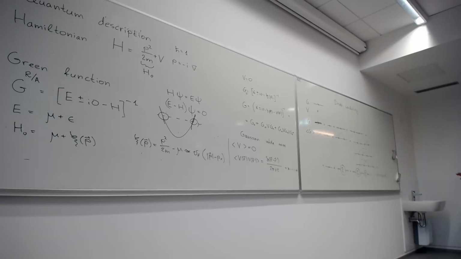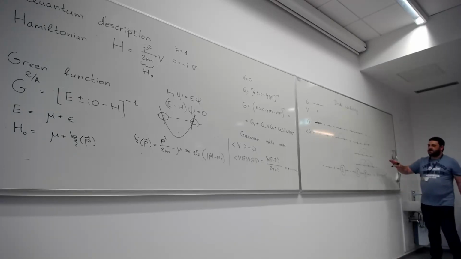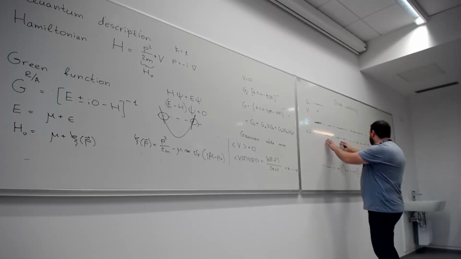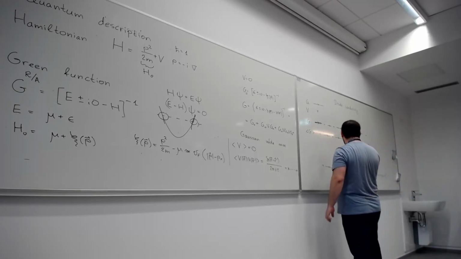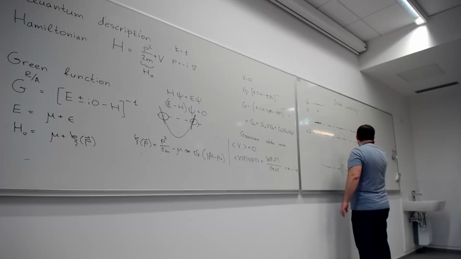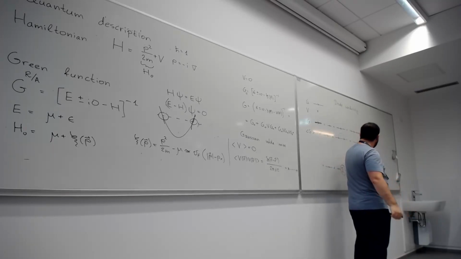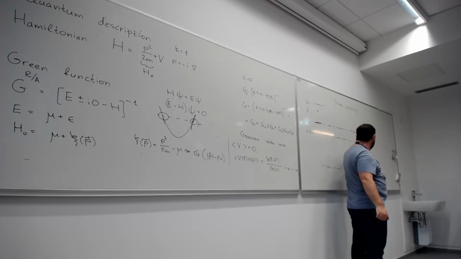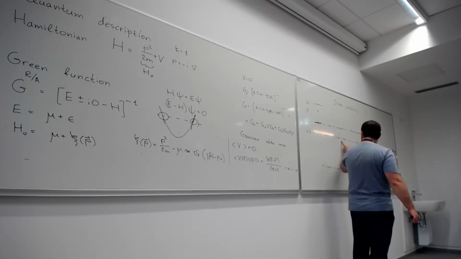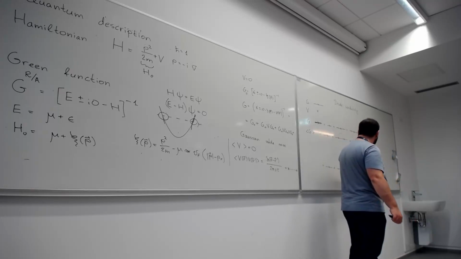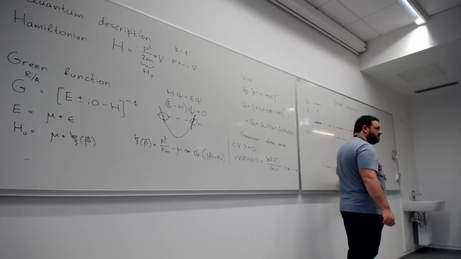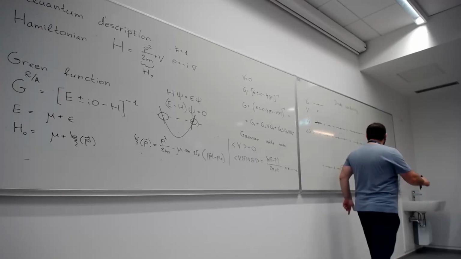So what I do here, I say that all these diagrams for the average G can be broken into 2 by cutting this line over here. So this will be a part of 2 self-energies. This will be a part of a single self-energy. This will also be a part of a single self-energy, and this one.